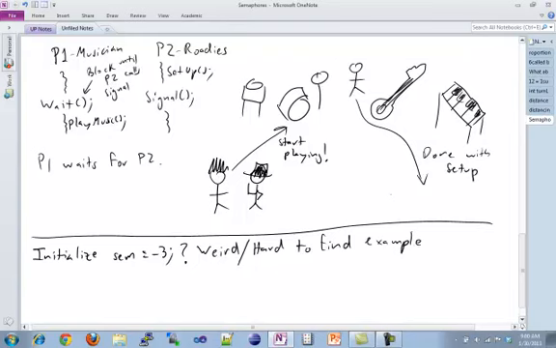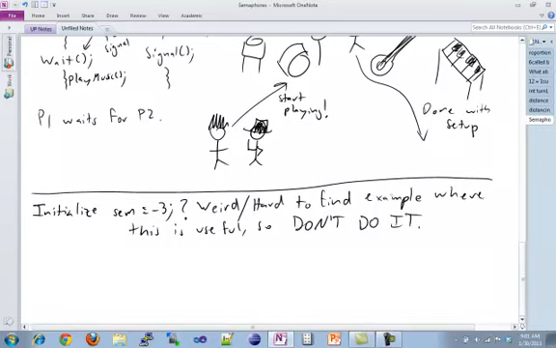In fact, in general, the values of semaphores are thought of as being positive numbers. So you generally don't want to be doing this. So yeah, don't initialize semaphores to negative things. It's really hard to find a good example. I couldn't find a good example where this was good.